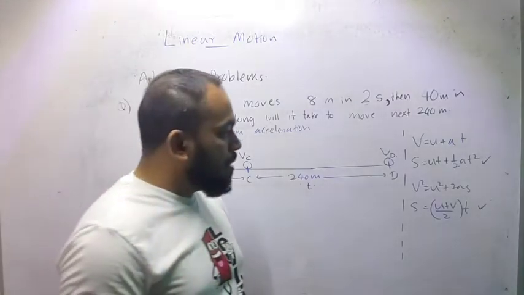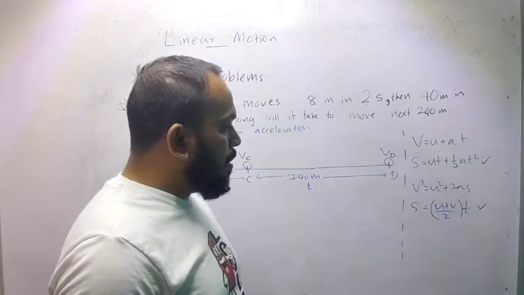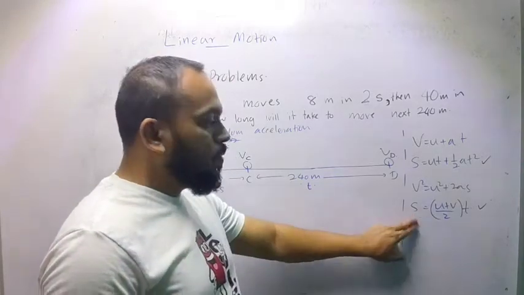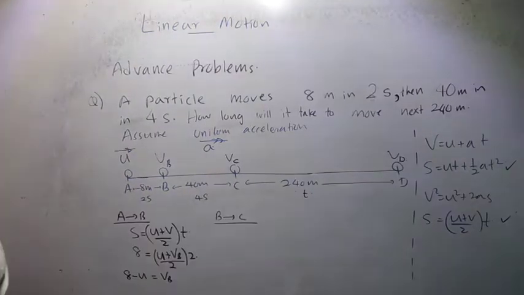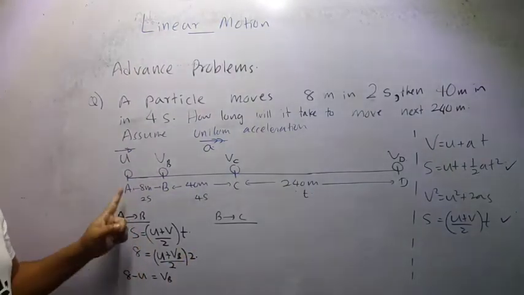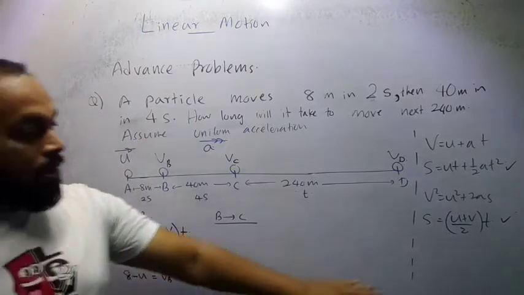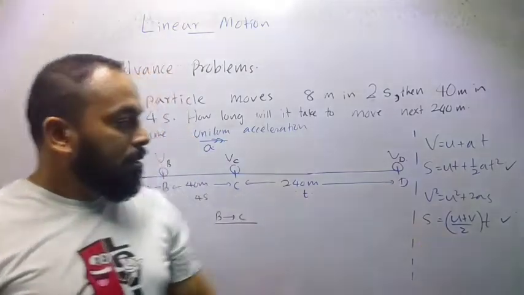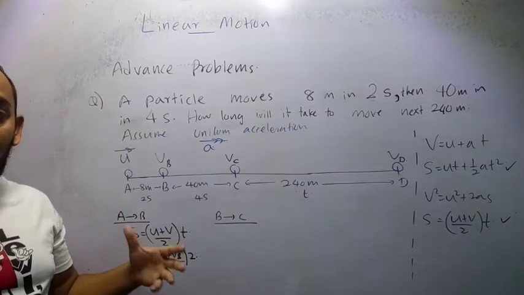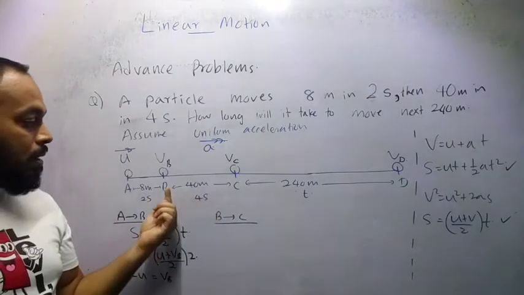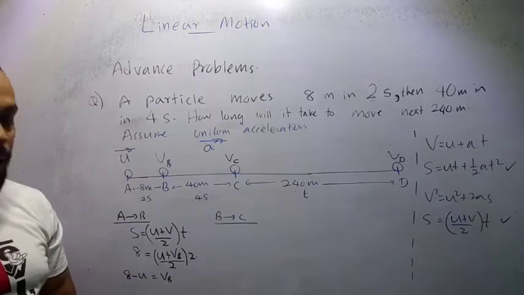So let's do this. I'm going to start with this formula. I want to show you how long it takes. Okay. First, I'll consider motion from A to B. Now, when you take this formula, then you don't have to consider successive motion. We will have to consider successive motion, but considering B to C is also okay, right?